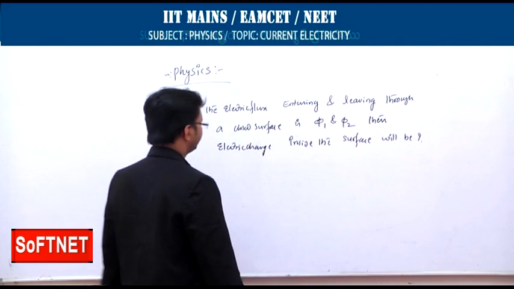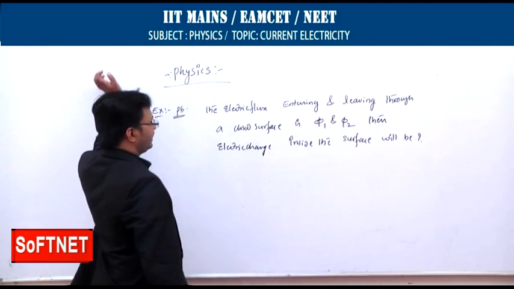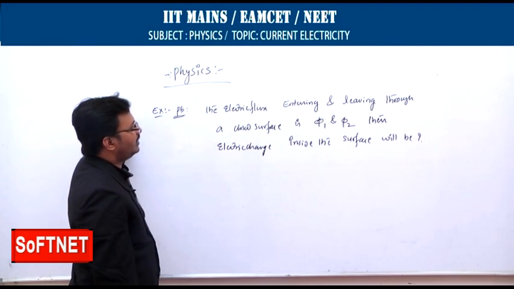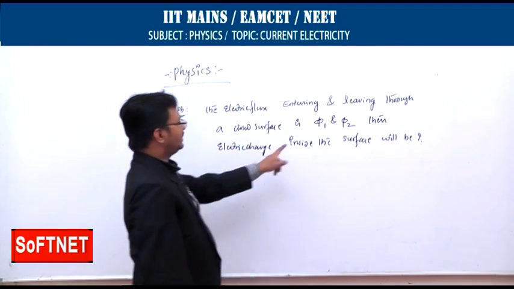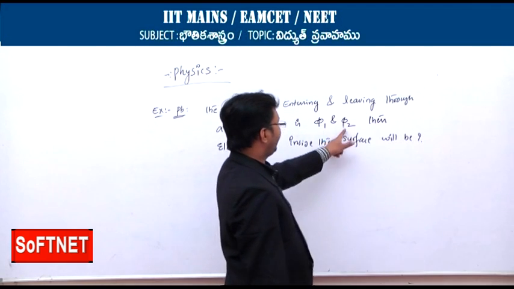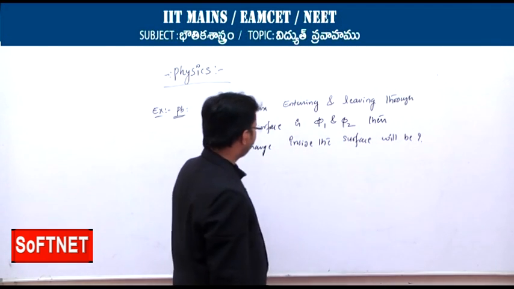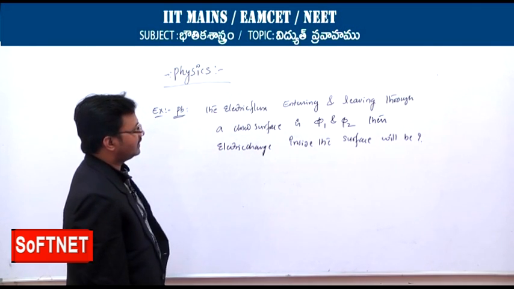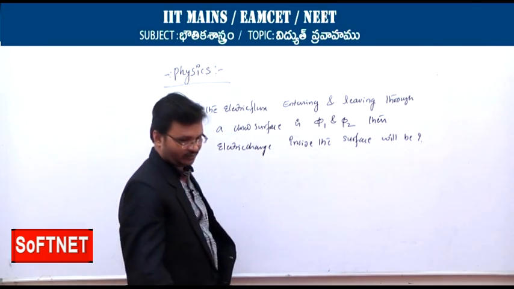The electric flux entering and leaving through a closed surface is phi 1 and phi 2. Phi 1 is the entering flux, phi 2 is the leaving flux. Then we need to find the electric charge inside the surface.